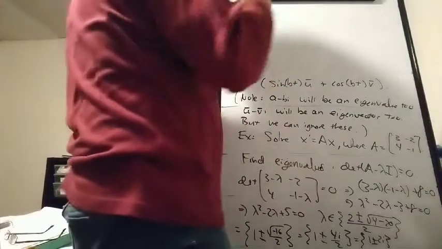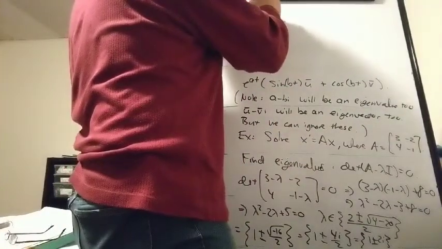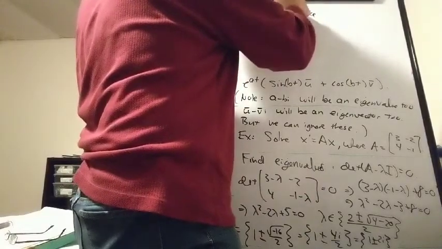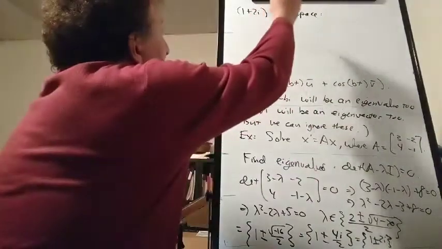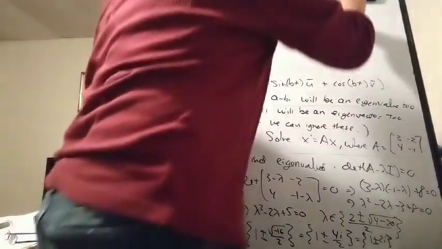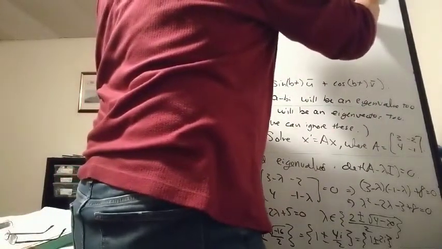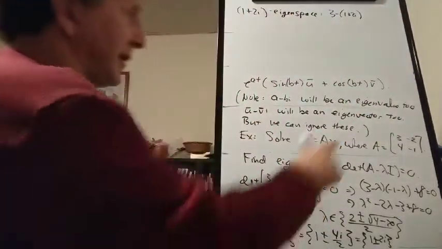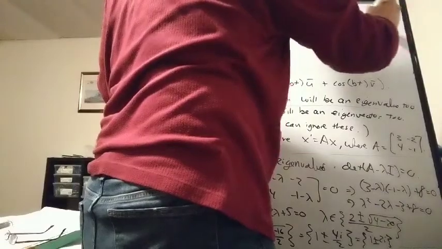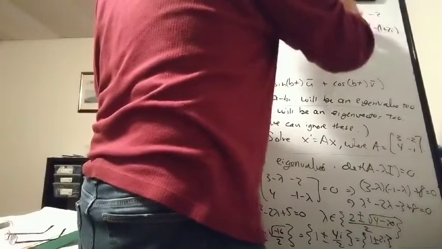Alright, so let's look at the 1 plus 2i eigenspace. So we have 3 minus (1 plus 2i) in the upper left, and then negative 1 minus (1 plus 2i) in the lower right, and then negative 2 and 4.